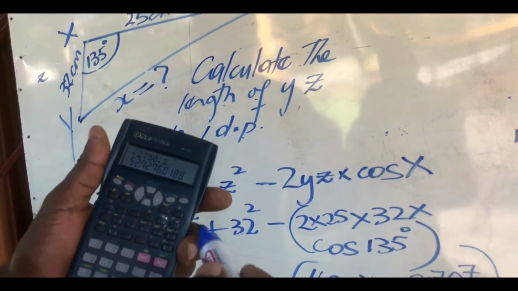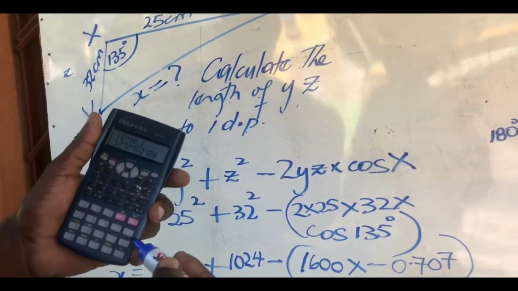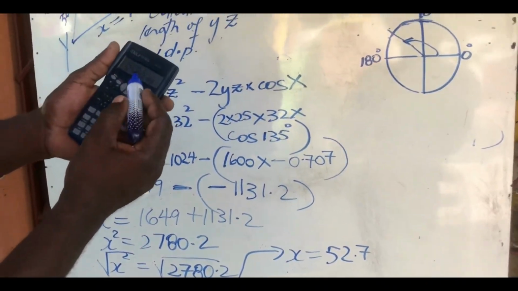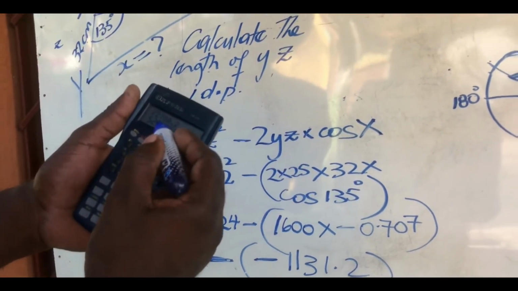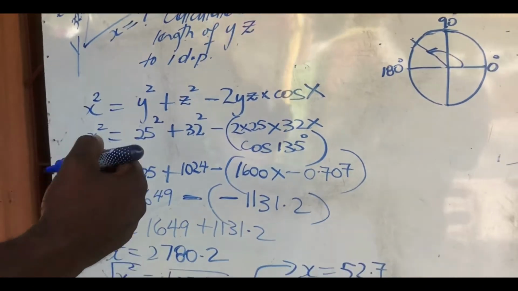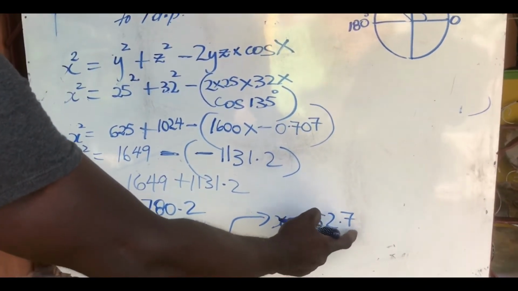I want to give it to one decimal place. So if it is one decimal place, I want only one digit after the decimal point. So here I have 7, then a 2. Now, the 2 after the 7 will not affect the 7 because the digit has to be 5 or more for it to affect the digit in the tenths position here.